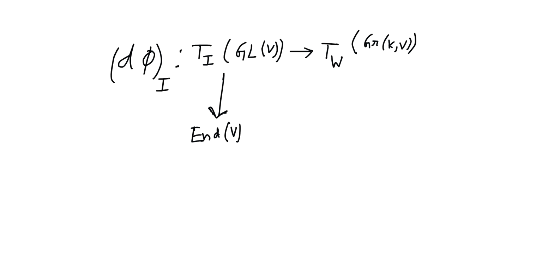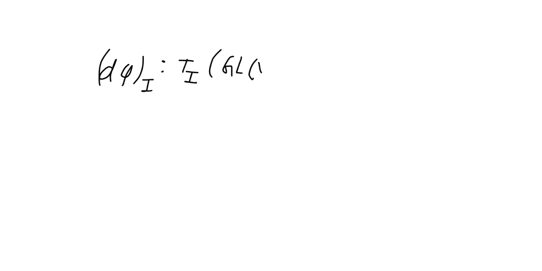That is the same as Hom(V, V). So this was our derivative map.